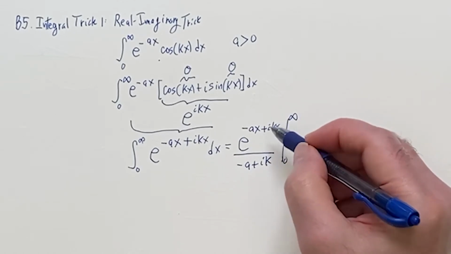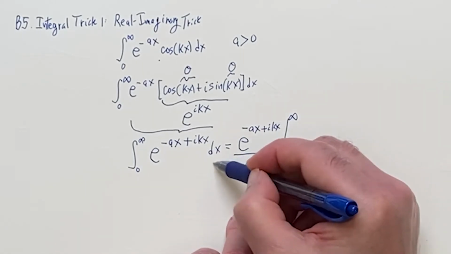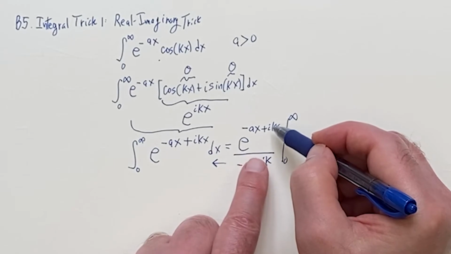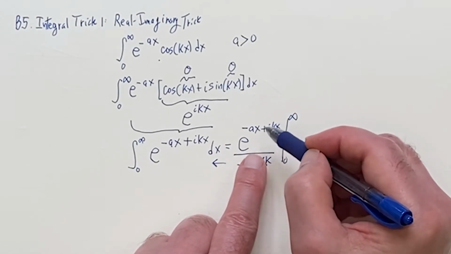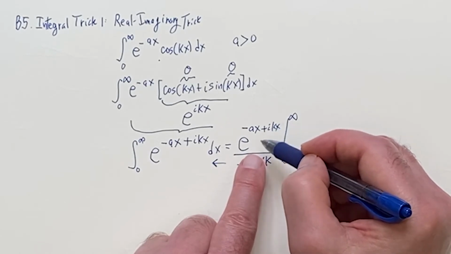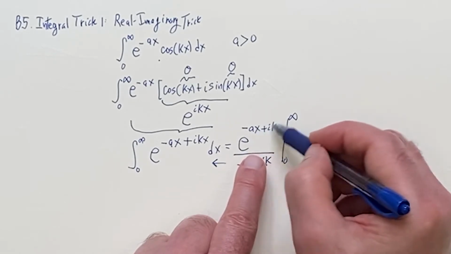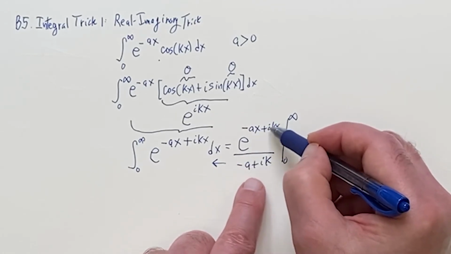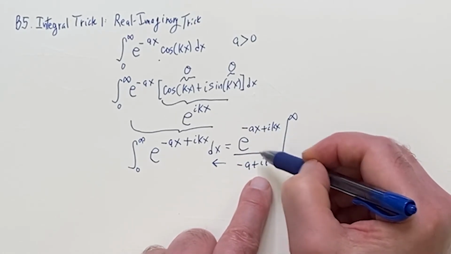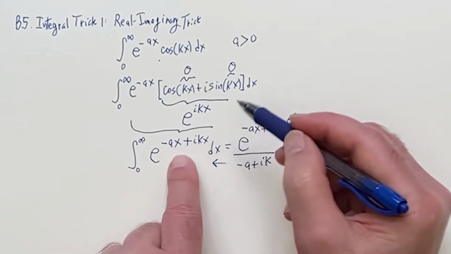Let's just check this. If you take the derivative to go back this way, you would get the same thing back because it's an exponential with the e. And then you would take the chain rule. You would take the derivative of what's up here with respect to x, which is minus a plus ik, and that would cancel this, so you would get this.